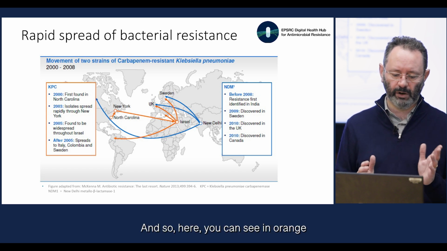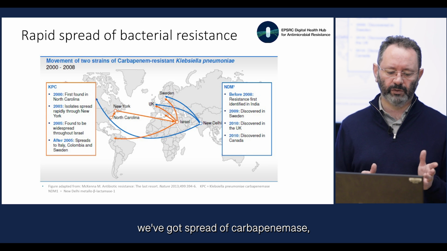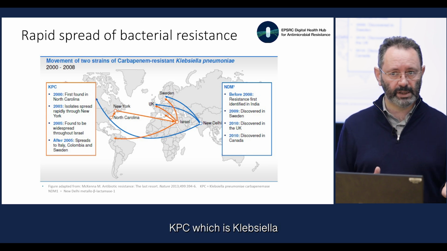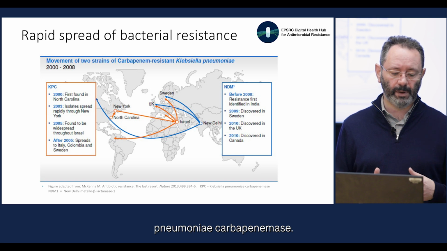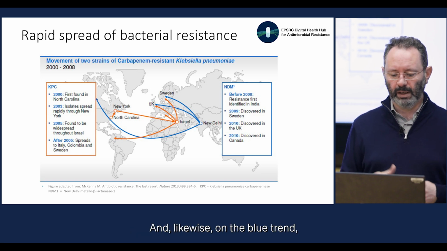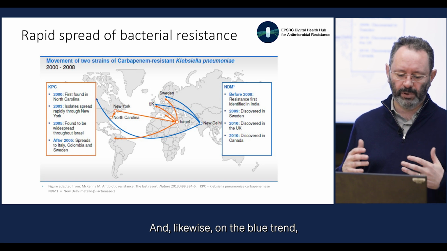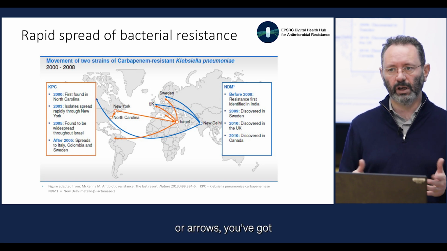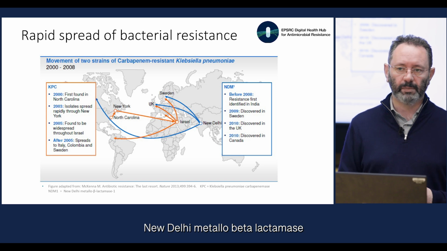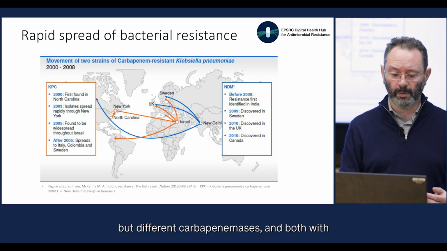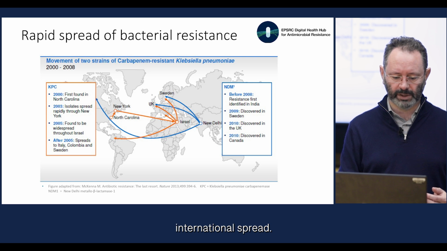And so here you can see in orange, we've got spread of a carbapenemase called KPC, which is Klebsiella pneumoniae carbapenemase. So you can see how it's spread globally, and likewise on the blue trend or arrows, you've got New Delhi metallo-beta-lactamase, both spreading in Klebsiella, but different carbapenemases, and both with international spread.